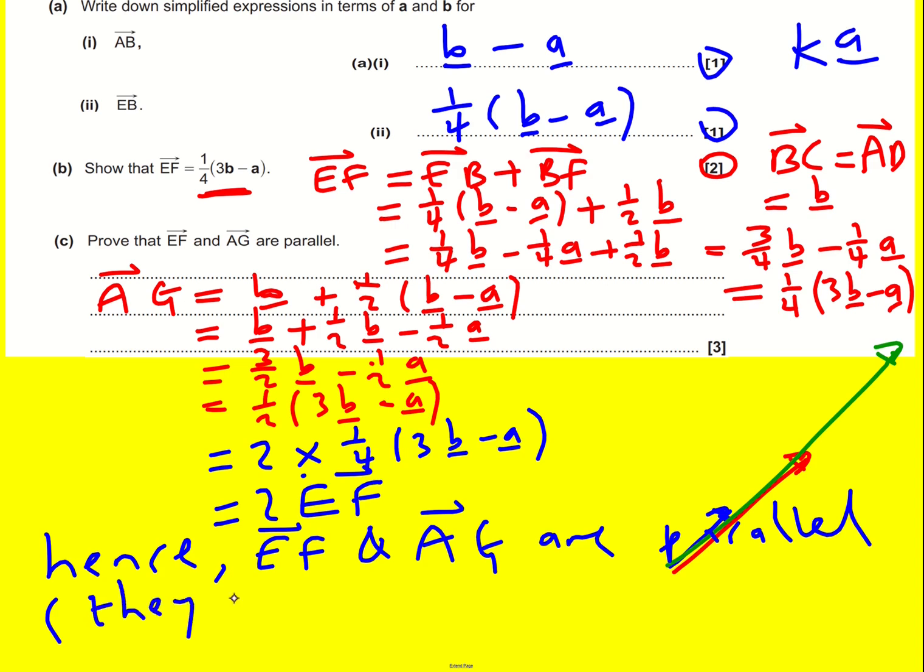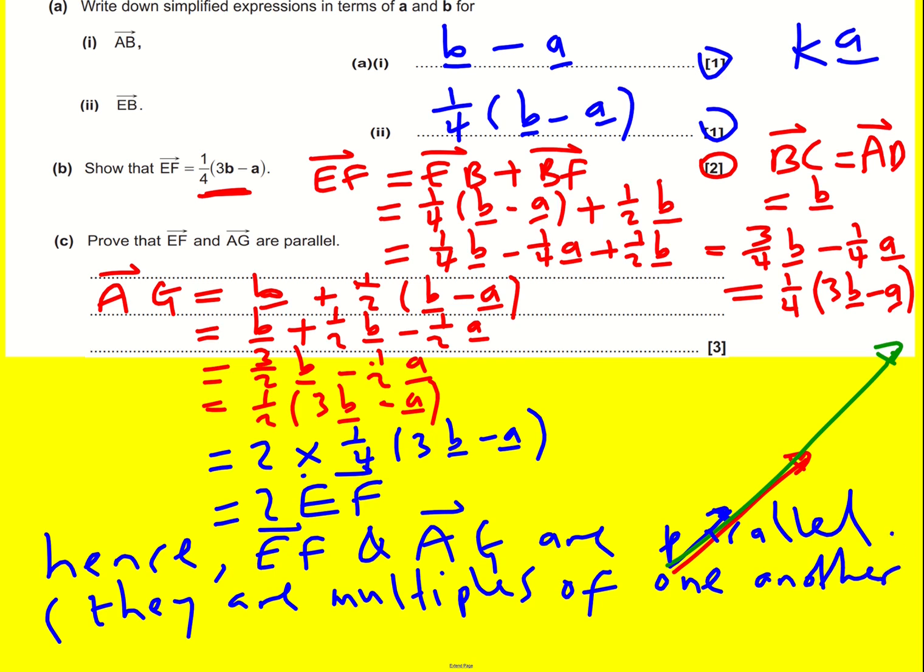They are multiples of one another. There we go. That's how you prove things are parallel. Get the vectors and show the vector is the same thing, but ideally end with something like this.